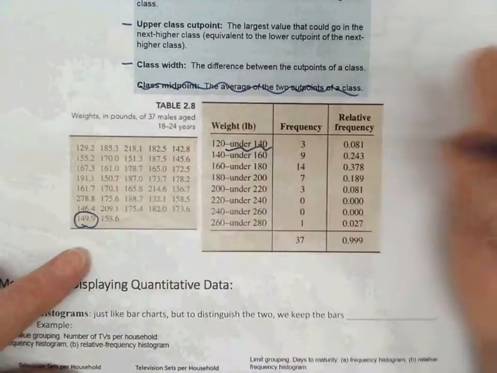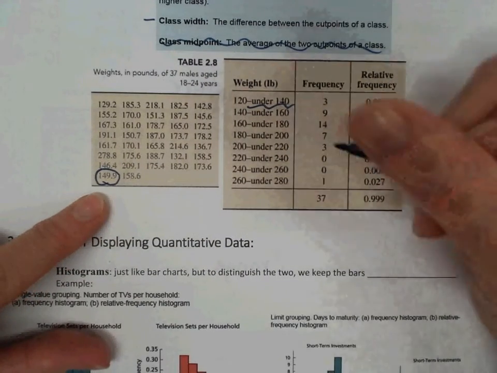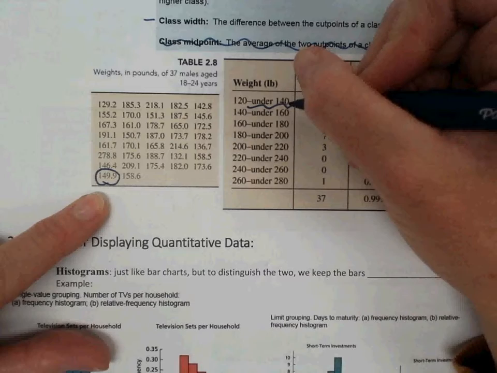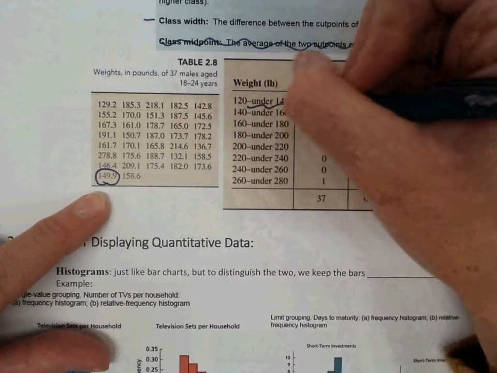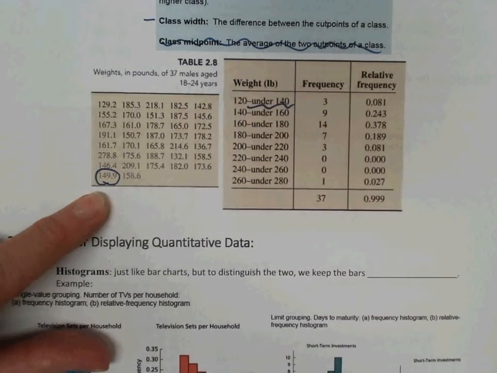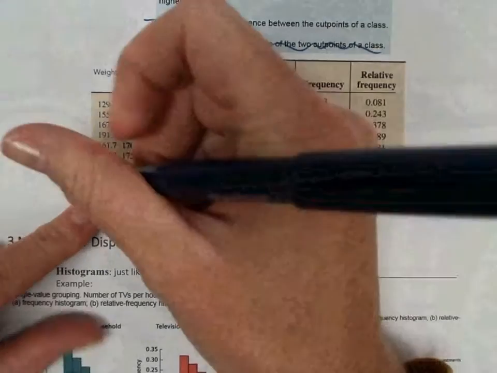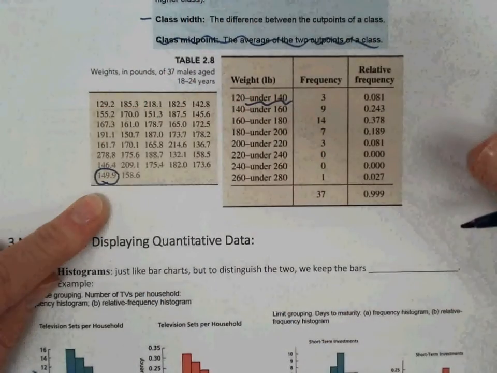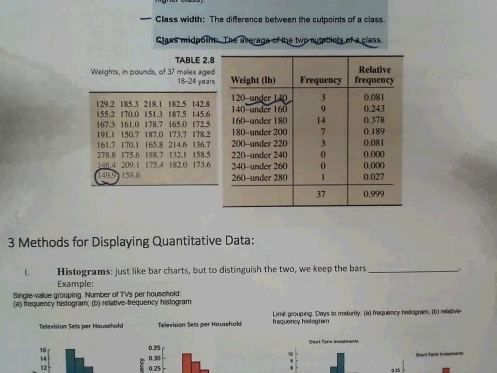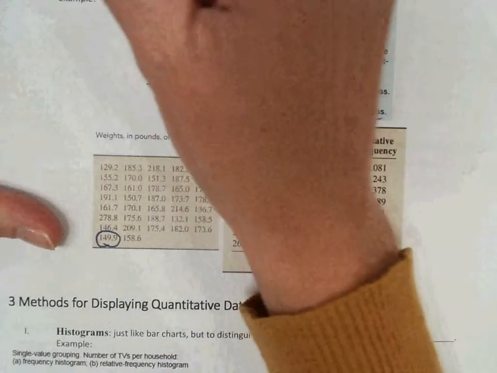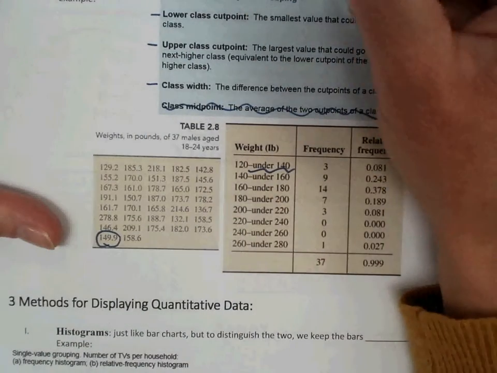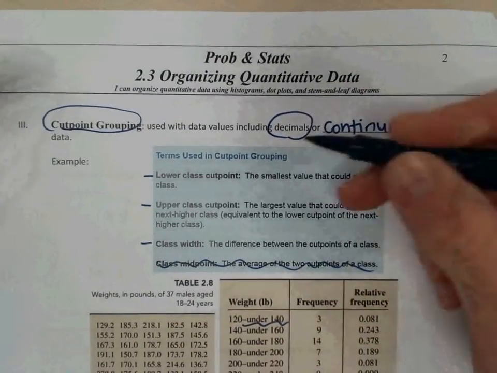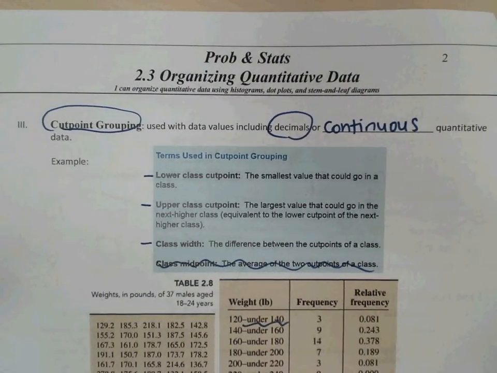Like 149.9, if we just had a 120 to 140, and then 141 and so on, and we were using limit grouping, we would have no space for these numbers with decimal points. So now we do. That's called cut point grouping, and if you just think about it, that's the one with the decimals. And we're using the words to under.